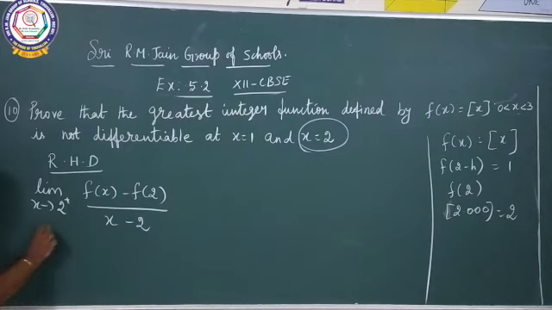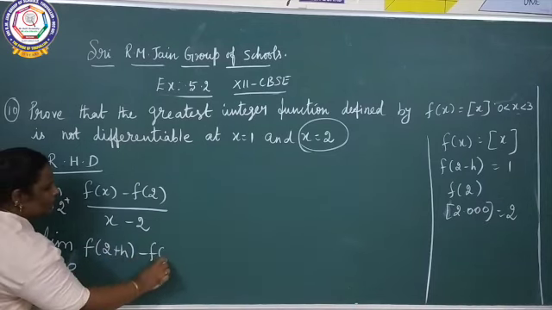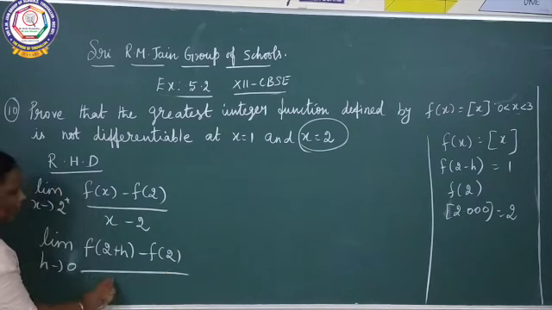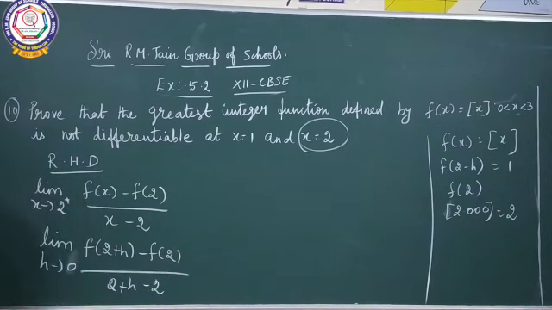The same way, limit h tends to 0 of f of 2 plus h minus f of 2 by 2 plus h minus 2. The plus 2 and minus 2 get cancelled.